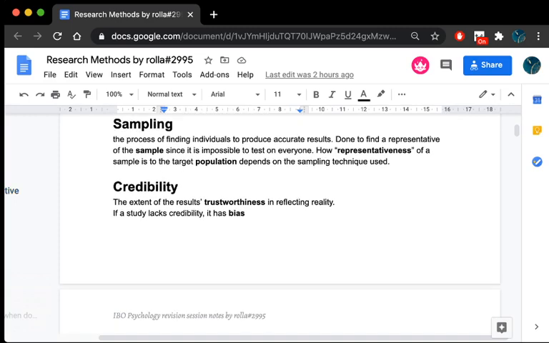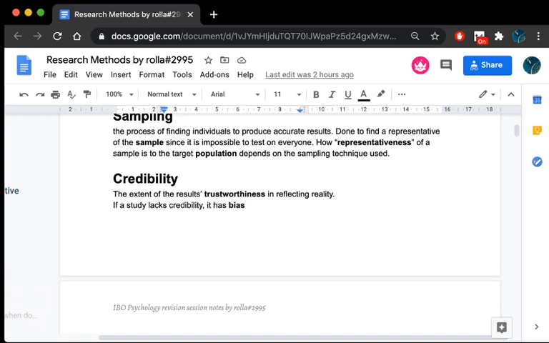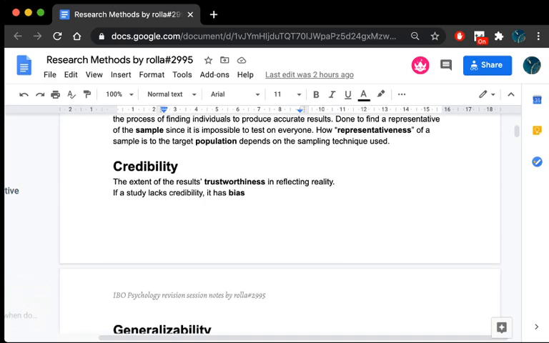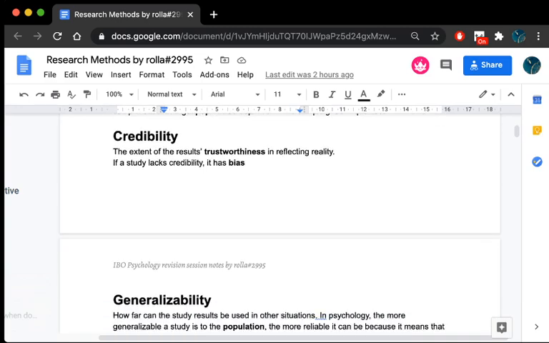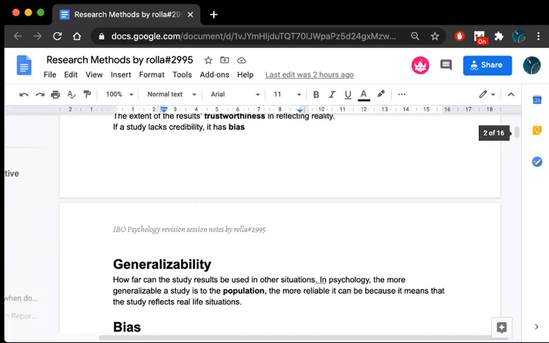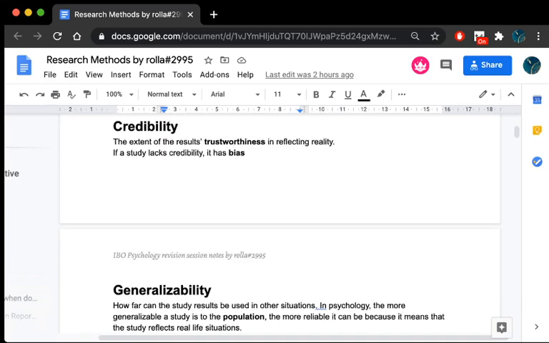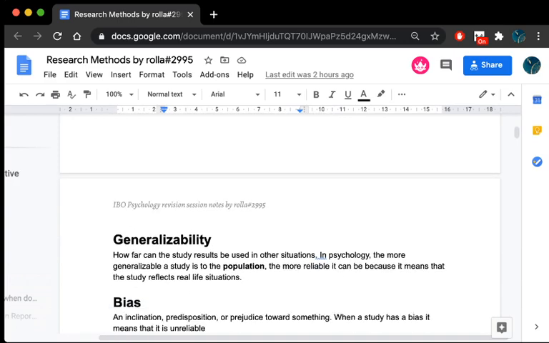Credibility is how trustworthy, how reliable, how valid your data is. If your data isn't credible, then it usually has a bias.